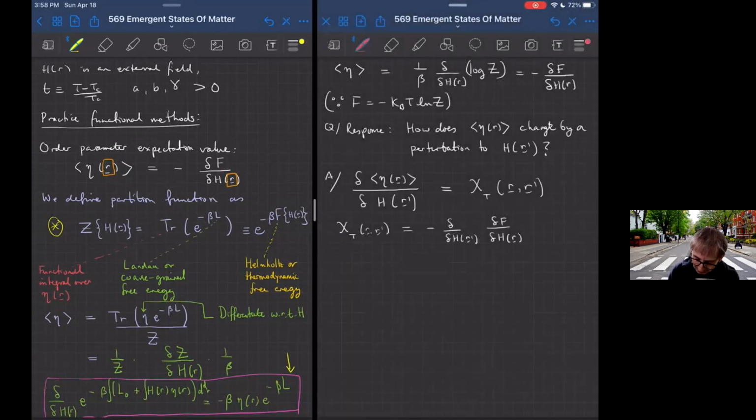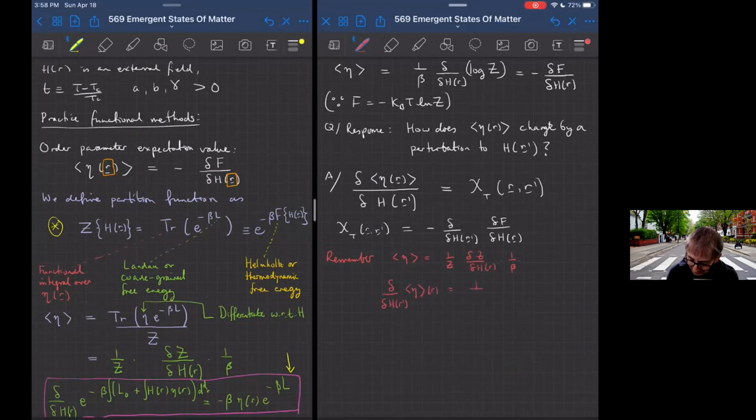So remember that eta, on the previous page, eta is 1 over z dz by dh of r times 1 over beta, right? And so now what we're doing is we're differentiating that with respect to h prime.